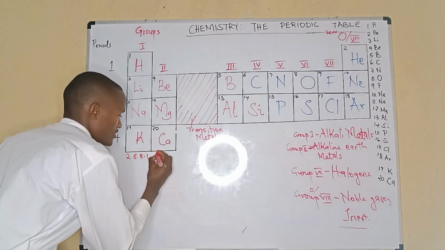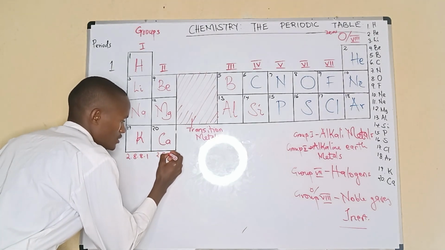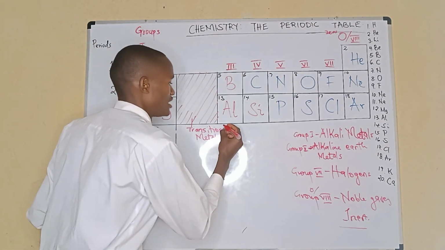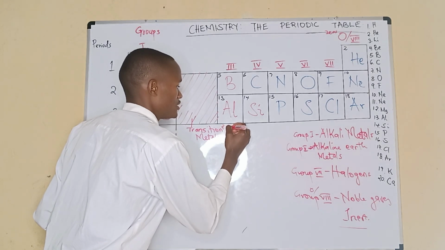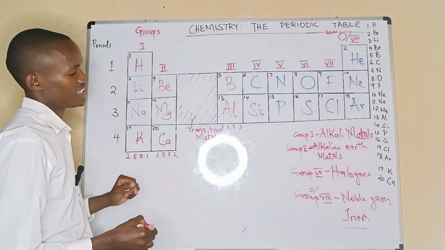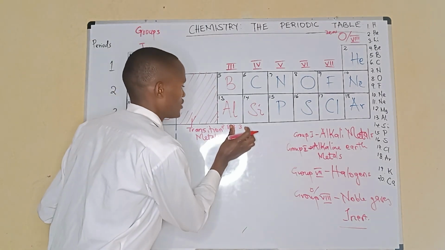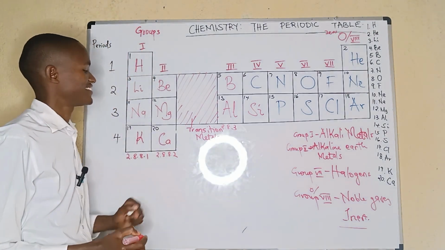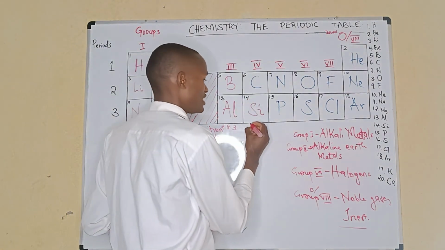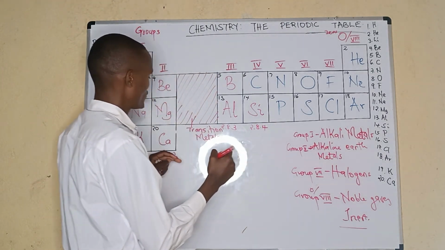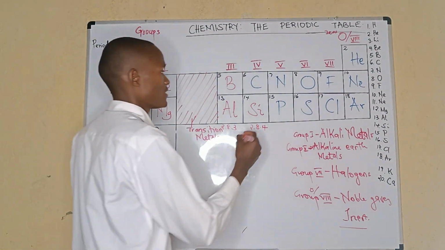That of calcium is 2, 8, 8, 2, an addition of 1 electron. That of aluminium is 2, 8, 3. Silicon is 2, 8, 4. So we moved from period 4 to 3.